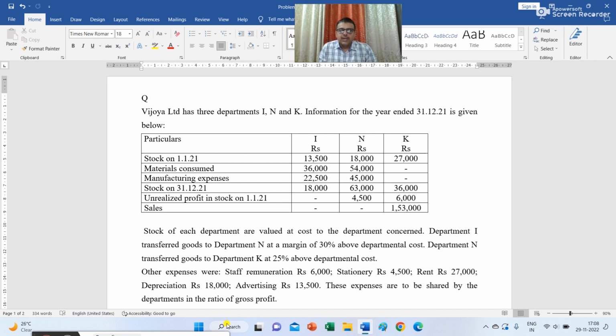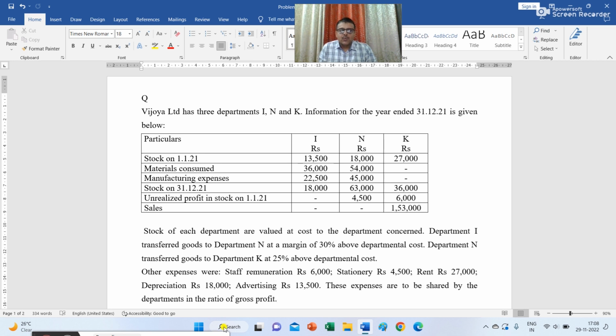Sales in Department K is 1,53,000. Stock of each department is valued at cost to the department concerned. Department I transferred goods to Department N at a margin of 30% above departmental cost. Department N transferred goods to Department K at 25% above departmental cost.